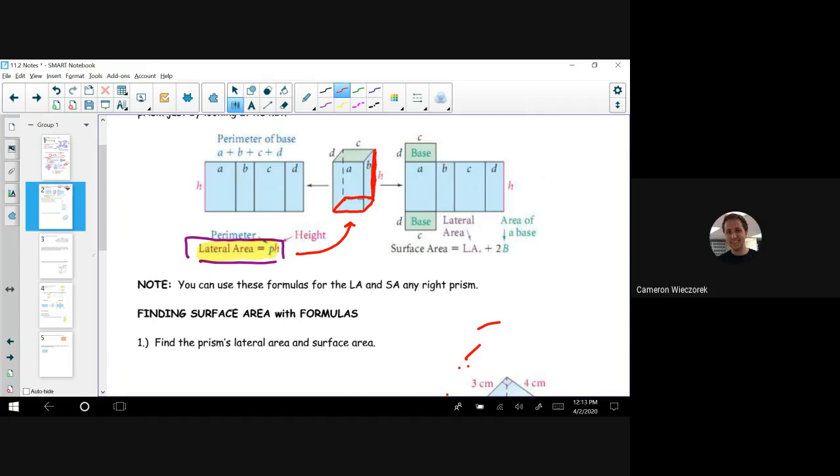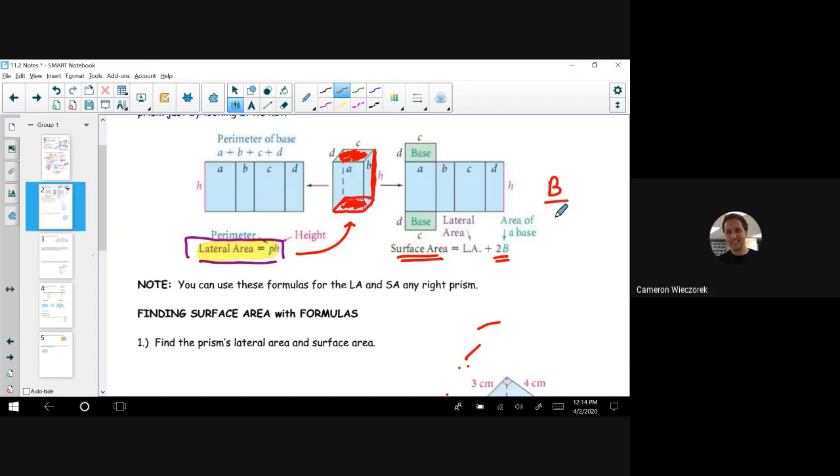And that gives me the lateral area. But if I want the entire surface area, the lateral area only gives me 4 of those faces. Now I've got to add on the area of the square on the top and the bottom as well, which is where I see this 2 times b coming from. It means 2 times the area of the base.